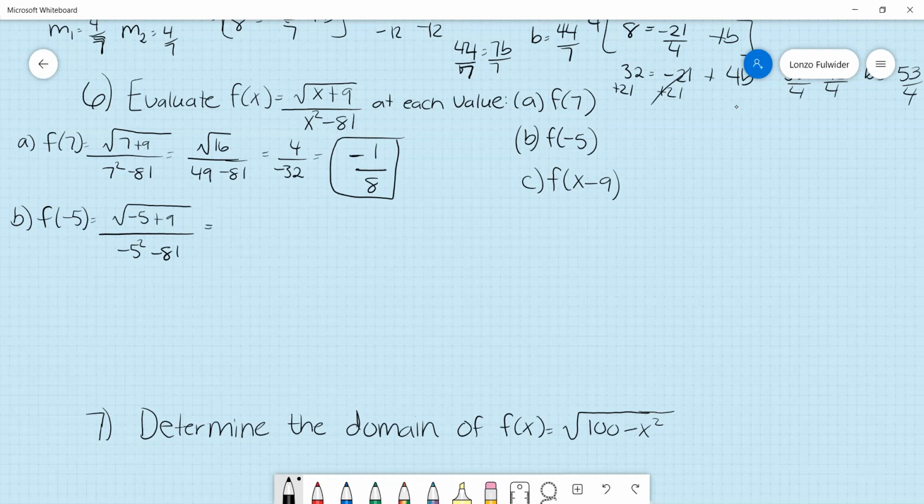So the 9 plus negative 5 is radical 4. Negative 5 squared is 25, minus 81. So this becomes square root of 4, which is 2, and the denominator becomes negative 56. And then this can be reduced by 2. So this becomes negative 1 over 28.